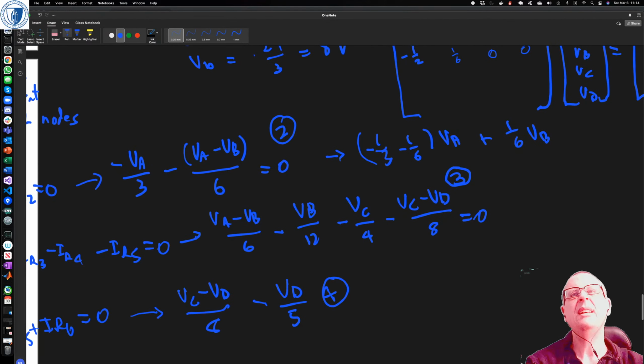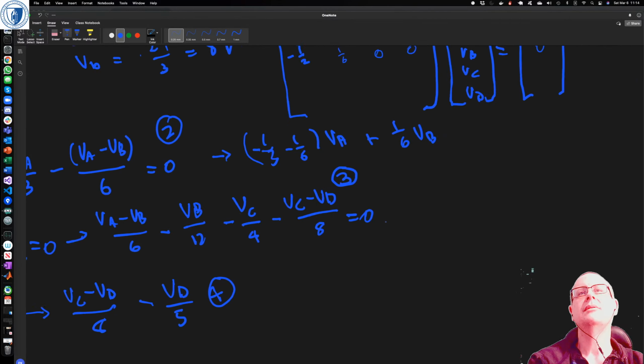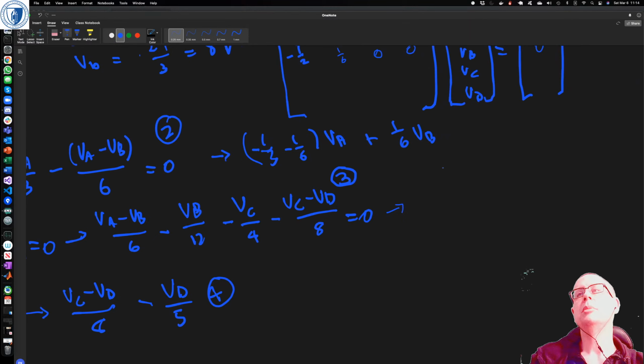Okay, and then we're here. What have we got? What does that become? That's a bit bigger, isn't it? It's got everybody. It's got 1/6 of VA and minus 1/6 and minus 1/12 of VB. So that's minus 3/12 or minus 1/4 VB, I think.